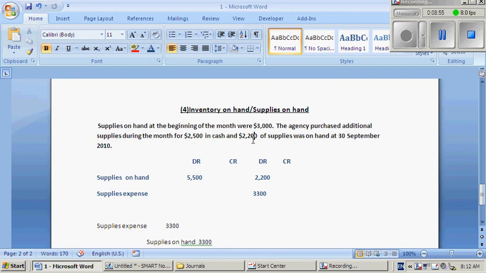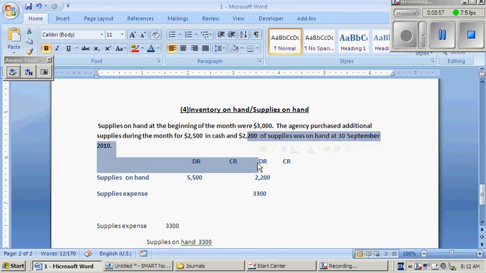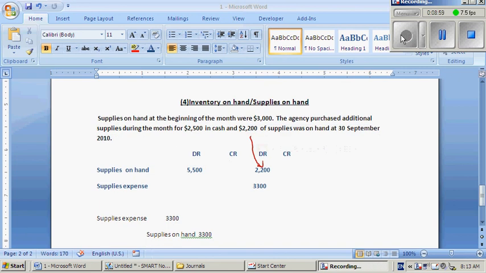So you have to identify how much is still prepaid over here, how much is still on your hand, how much inventory, how much supplies, how much goods on your hand. So over here you can see 2,200 on your hand.